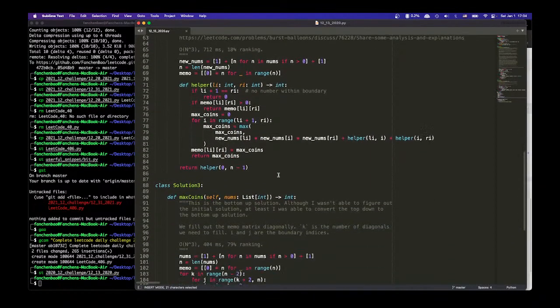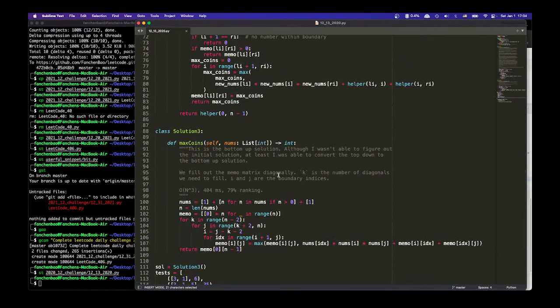Oh my god. Three level. The diagonal, huh?